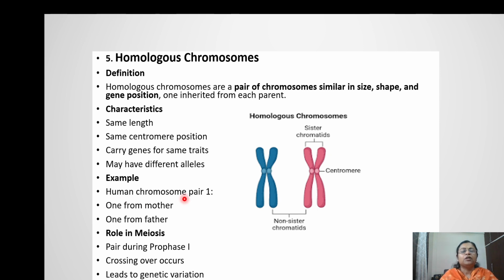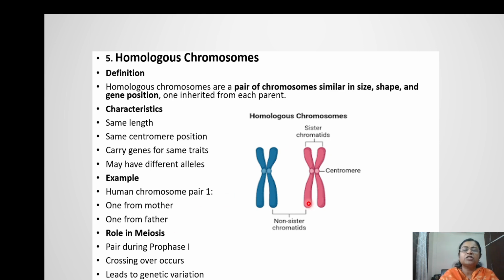For example, in the human chromosome pair number one, one comes from the mother and one comes from the father. The role in meiosis is that they pair, and during prophase 1 crossing over occurs and leads to genetic variation.